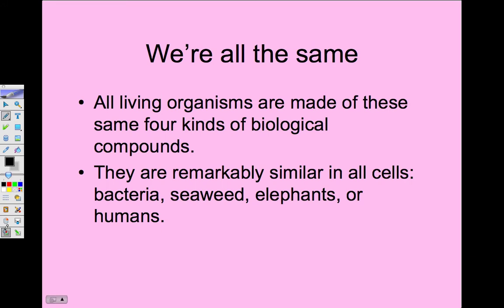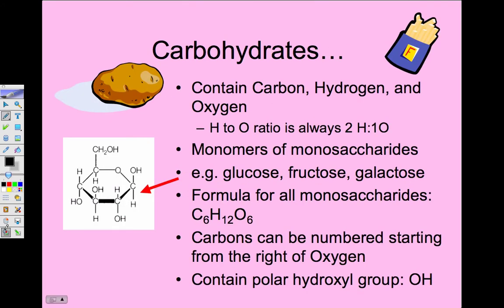So even though it's going to tax our brains a little bit to learn all this new information about the structure and function of these molecules, when we're learning it, we're not just learning about our own biology and human biology, but we're learning about all living things on Earth, and fortunately, it's the same for all of us.